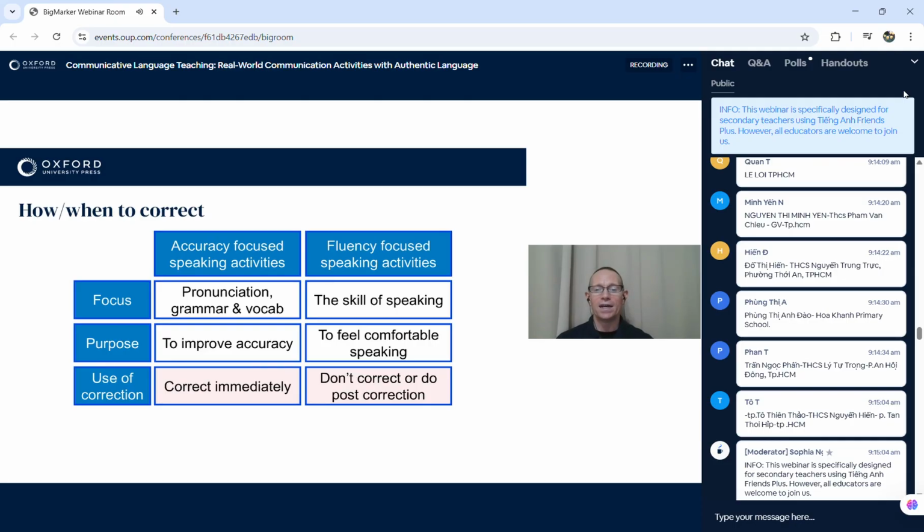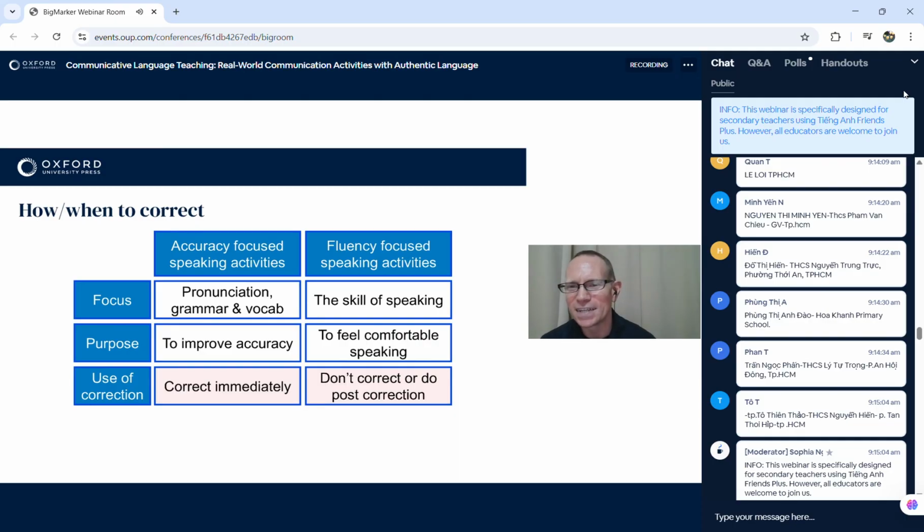That could mean writing down some of the mistakes that you hear your students making. And then after we've finished Two Truths and a Lie, the speaking activity, you could write up some of the wrong answers, the mistakes that you heard your students made, and ask them to correct them in pairs.